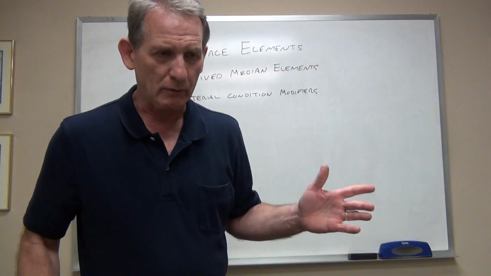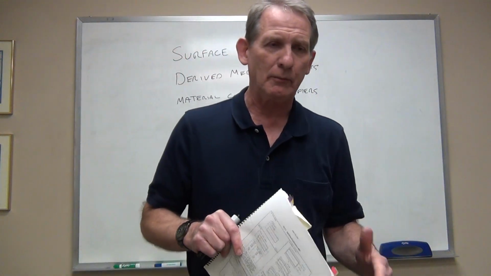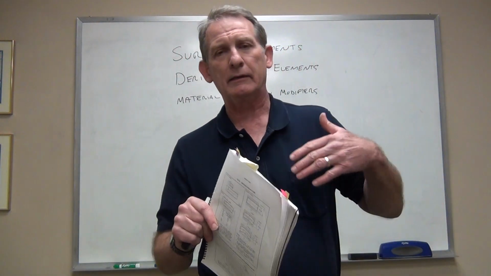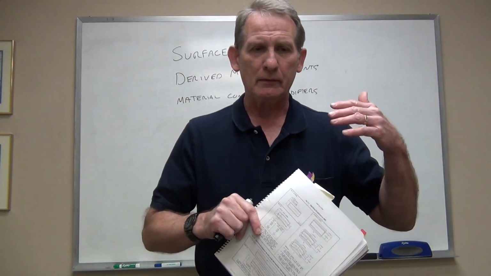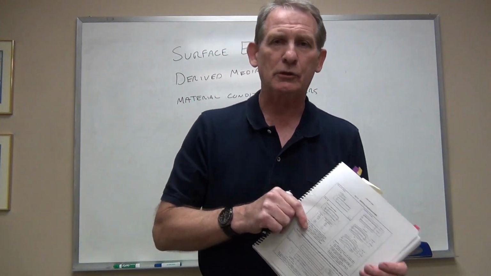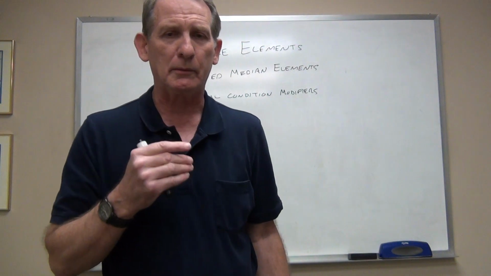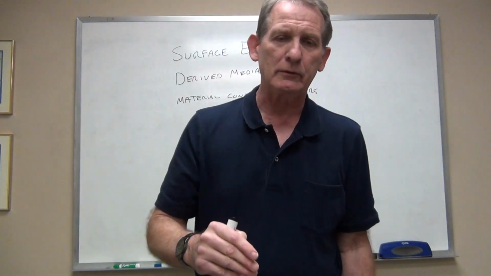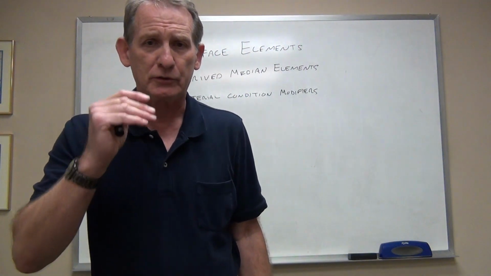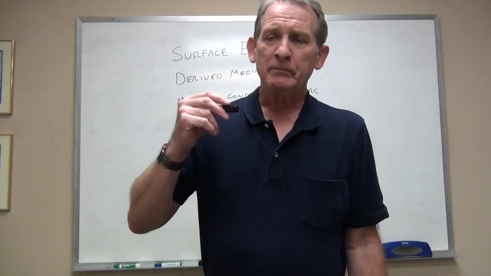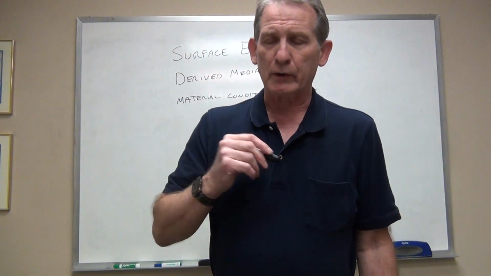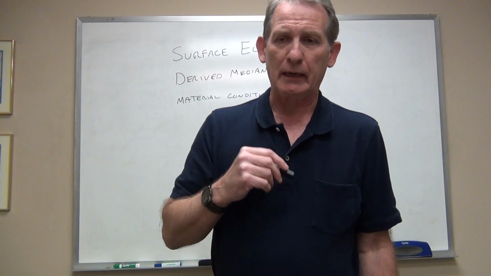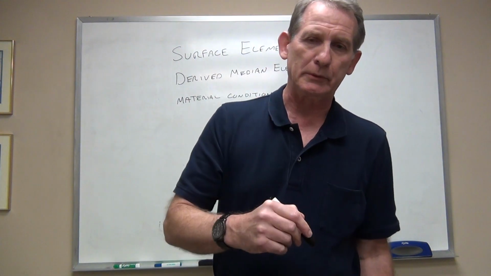We also introduced the concept of a male and a female feature so that we can get the limits established correctly, and I showed you how to establish those limits. Once you take the dimension, you establish the upper and the lower limit, you decide whether it's a male or a female feature, and then you mark it according to whether it's the maximum material condition limit or the least material condition limit.